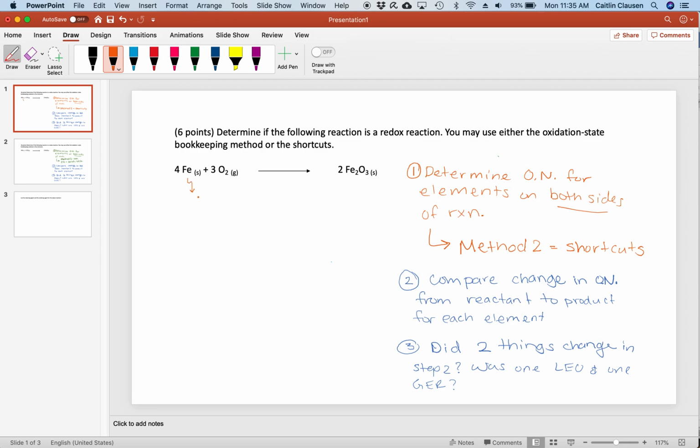Based on the shortcuts, I know that elements in their pure form have an oxidation state of 0. I ignore the coefficients. I also ignore the subscripts when I'm using method 2.